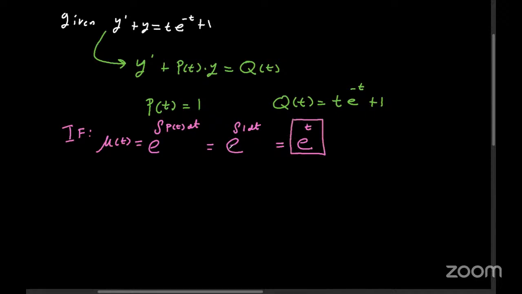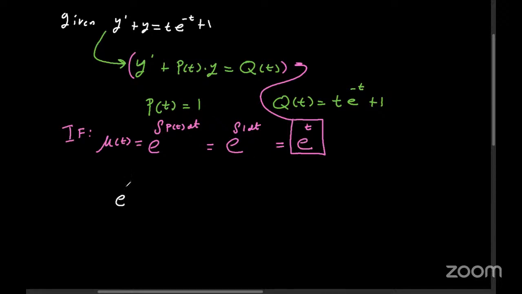And here's the technique to solve the equation. We are going to multiply this integrating factor times this whole equation. Let's go back to the original problem, and everybody is going to get multiplied by e to the t.